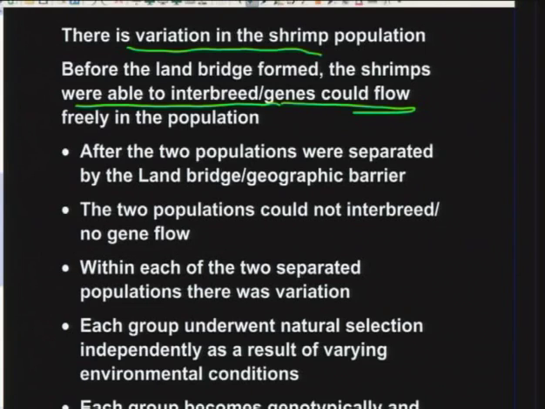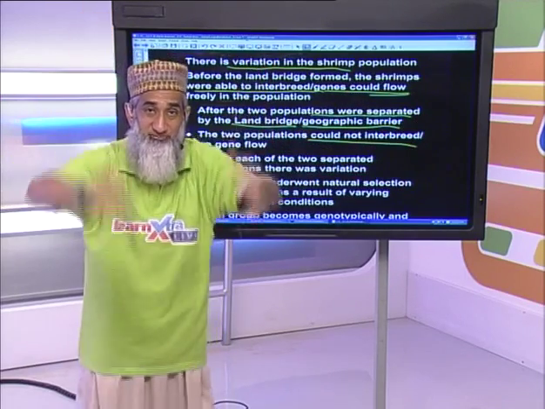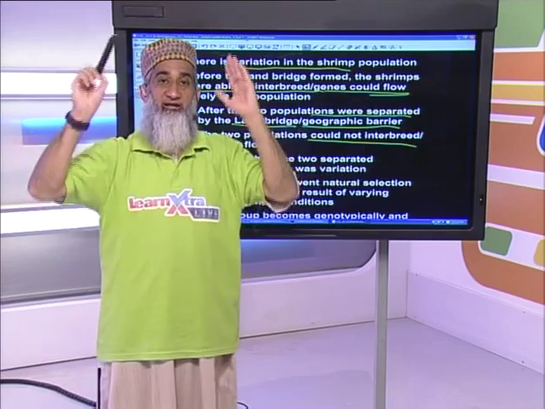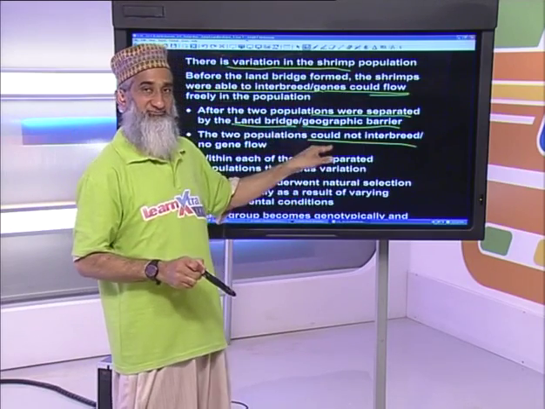Now, when this bridge occurred and the populations were separated by this land bridge or geographic barrier, the two populations could not interbreed because they were separated. So they are apart from each other, so the land bridge is causing the separation. Therefore, it's a geographical isolation.